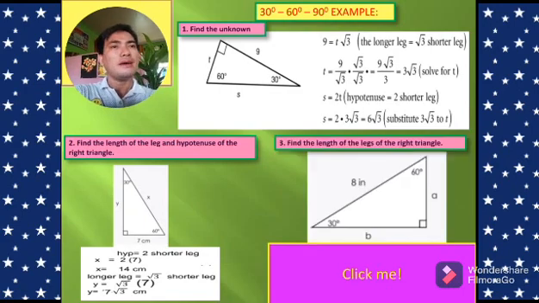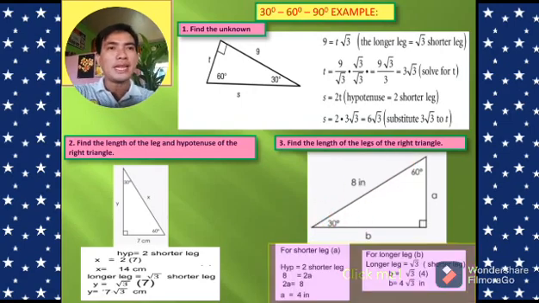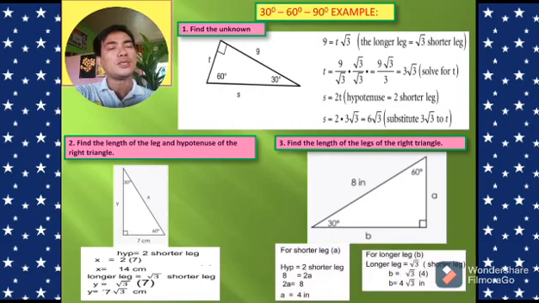For number 3, find the length of the legs of a right triangle. So from here, the shorter leg is A, our longer leg is B, and our hypotenuse is 8. Now let's find it out. For the shorter leg solution, remember, hypotenuse is equal to twice the shorter leg.